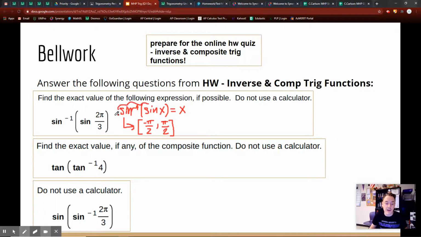It needs to follow that restriction there. If it doesn't follow that restriction, then we have to evaluate it. And if the evaluation doesn't work out, then it's undefined.